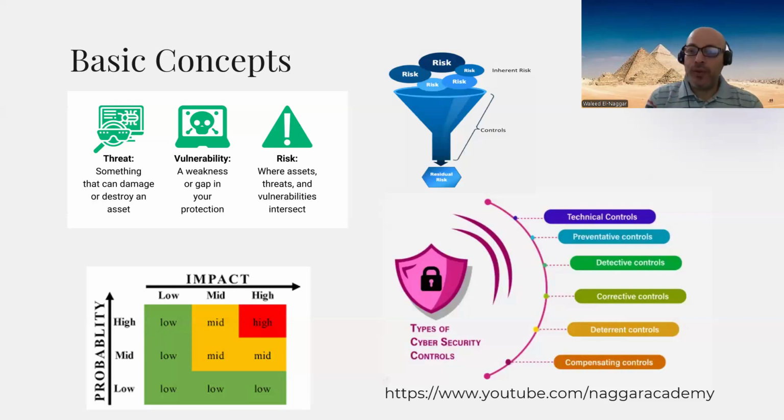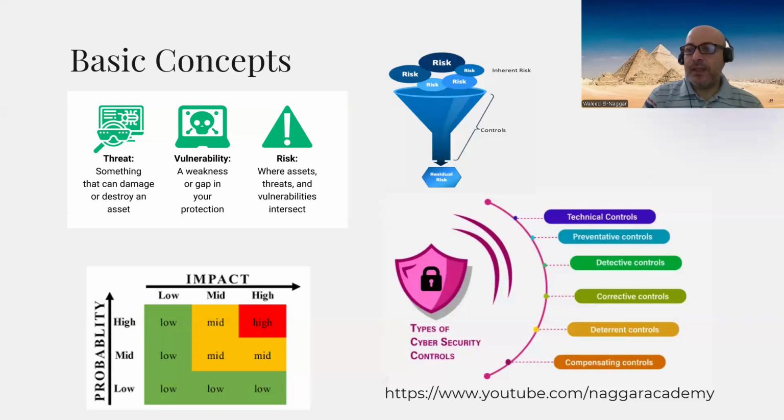You start putting controls. You put a fire alarm. You put motion detector to detect if the thief is trying to attack the place. You hire guards. You do whatever you can do to prevent the risk or detect the risk or correct the impact of this risk. After you deploy all your controls, you still have risk.